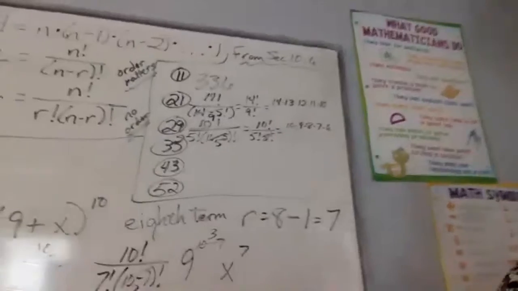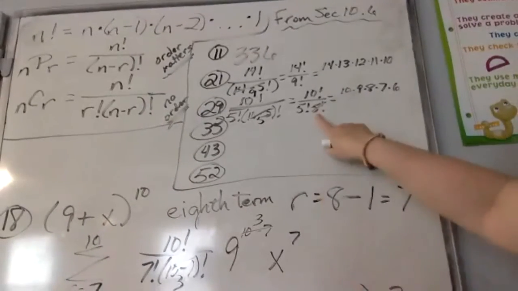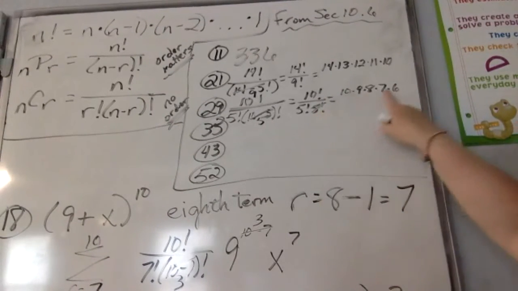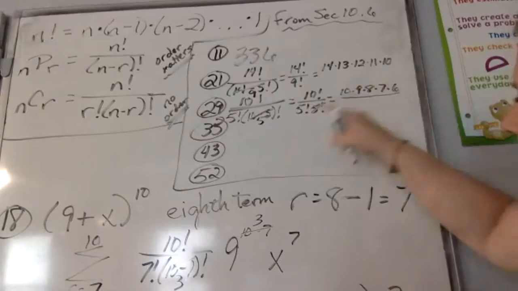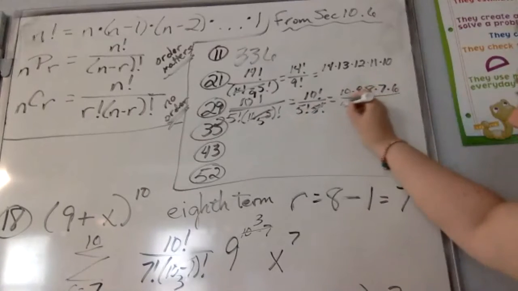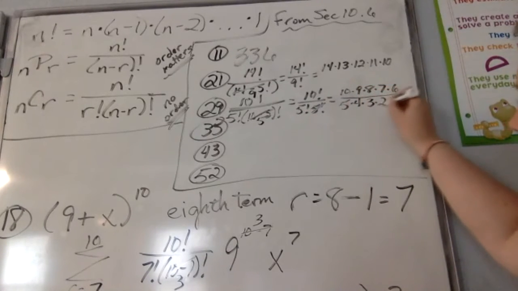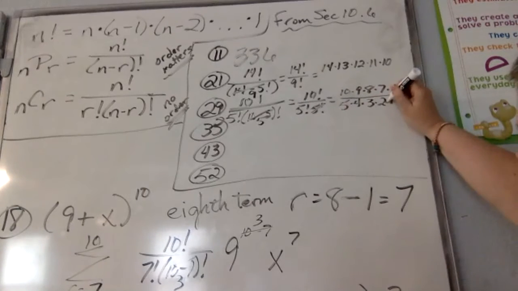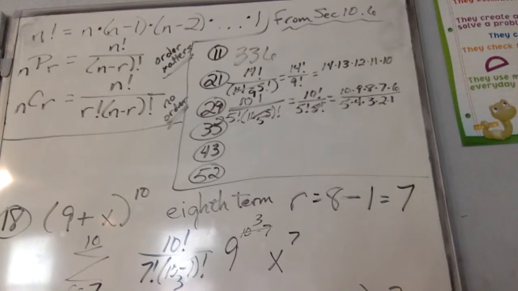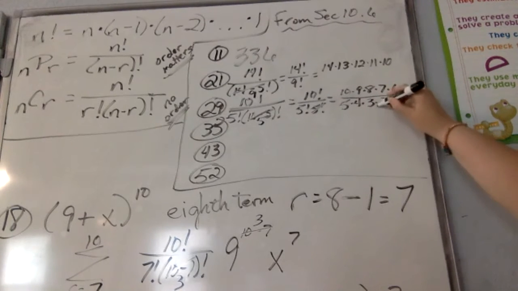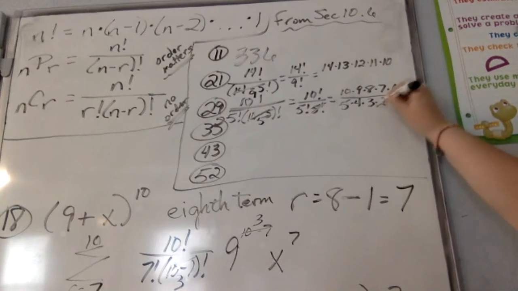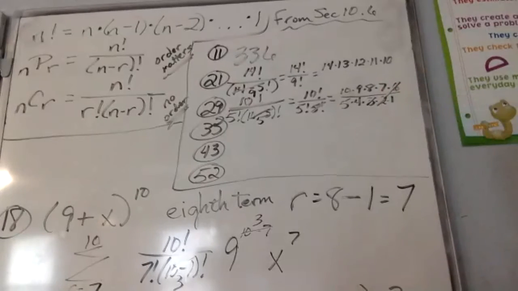Okay? I get what I'm saying there. This one, 5 factorial, is 5, 4, 3, 2, 1. That'll cancel out the 5, 4, 3, 2, 1 on the top. On the bottom, though, I still have this other 5 factorial. So I still have a 5, a 4, a 3, a 2, and a 1. Then when we did those, we looked for things that we could still cancel out to make smaller numbers to multiply. I know that 2 times 3 will get rid of the 6 in the top.